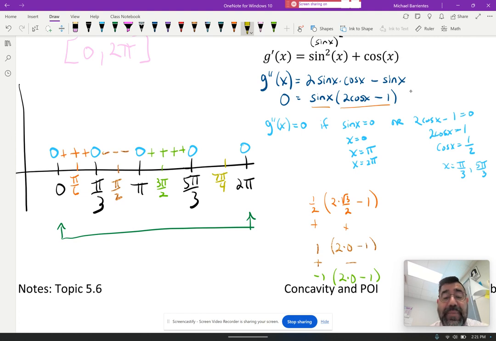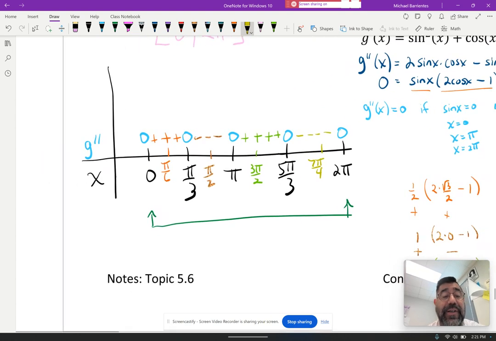Sine of 7 pi over 4 is negative square root of 2 over 2, times 2 times the cosine of 7 pi over 4, which is square root of 2 over 2, minus 1, because that's part of the formula. This outside factor is negative. These cancel, and I'm left with the square root of 2, and the square root of 2 is bigger than 1, so square root of 2 minus 1 is positive, and a negative times a positive gives me a negative. Whew, that's a lot of unit circle thinking.